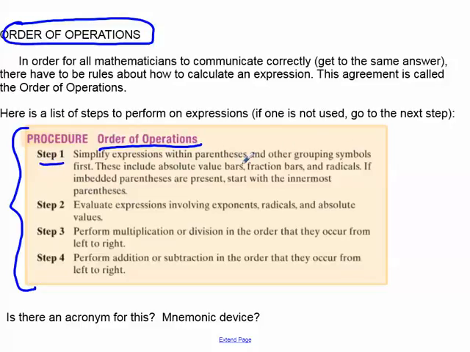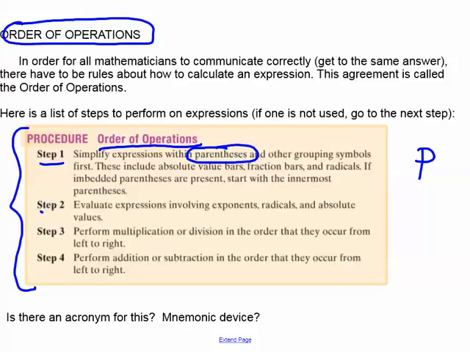These include absolute value bars, fraction bars, radicals. A lot of words. But I'm going to substitute just a P over here. If we've got parentheses, brackets, absolute value bars, things like that, we're going to take a look at those parentheses first.